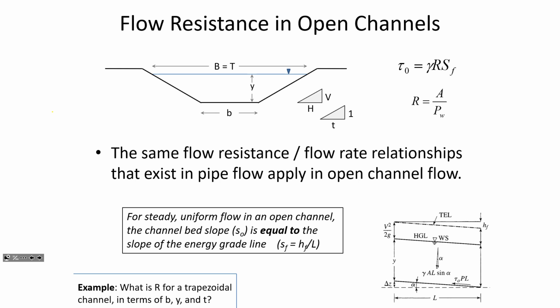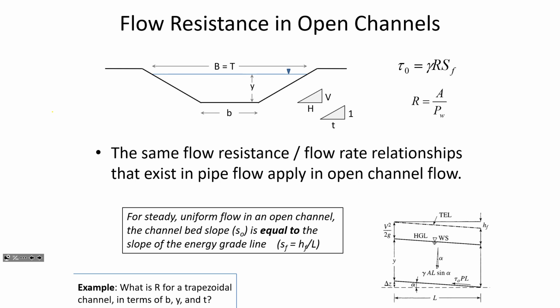The wetted perimeter is even a little bit more tricky because what we're trying to figure out is what is this distance for the wetted perimeter? And this little segment here has a length of the square root of y squared plus (ty) squared. And that is one of them on this side, it's going to be both the right and the left.